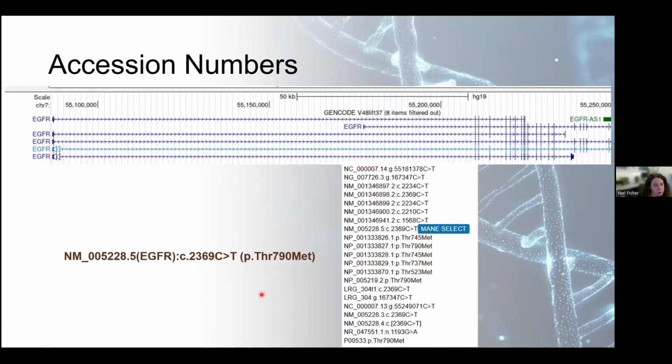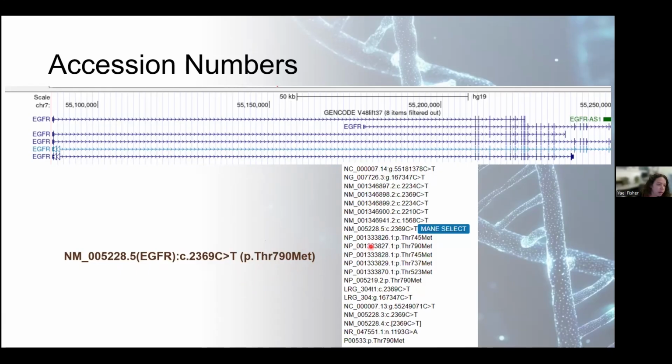Usually there is one number that is the consensus, and it might be identified as the MANE Select, and that is what you'll usually use. But when you look up variants, you need to make sure you're looking up variants that are on the same location. So, for example, this is a common mutation in exon 20 in lung adenocarcinomas, T790M, or threonine 790 methionine.